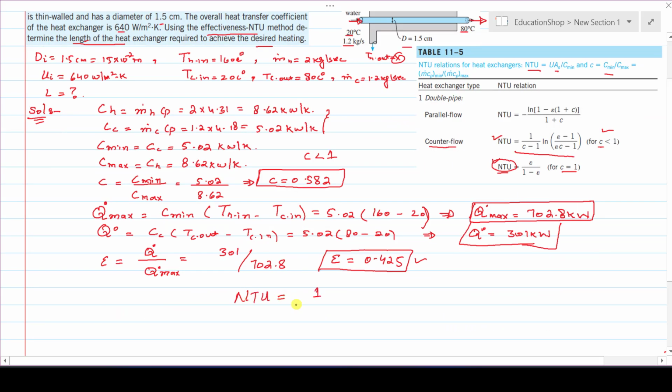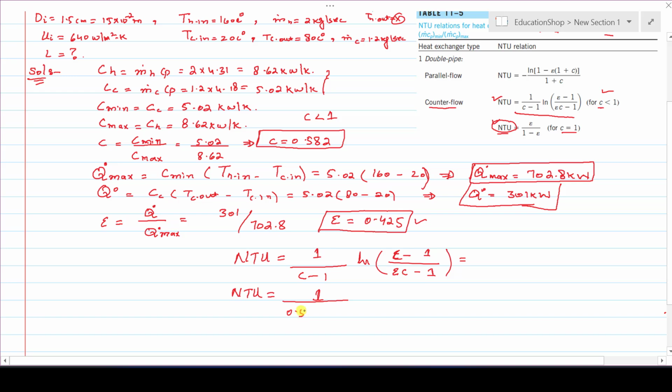NTU is equal to 1 divided by C minus 1 ln of (effectiveness minus 1) divided by (effectiveness times capacity ratio minus 1), that is 0.425 minus 1 divided by 0.425 times 0.582 minus 1.